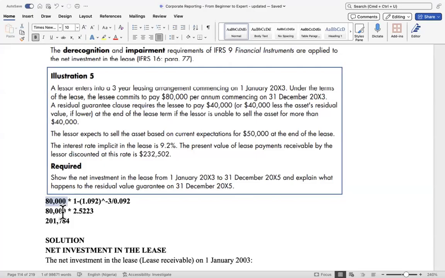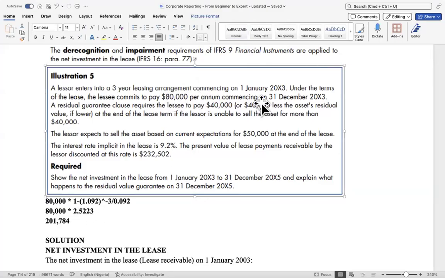I said, in determining the lease liability cash flow, we consider the fixed payment, variable payments, residual value guaranteed, and purchase option. Apparently, for them to have separated this 80,000 from this 40K, this 40K is the residual value guarantee. That means it hasn't been factored into this determination of this 80K.